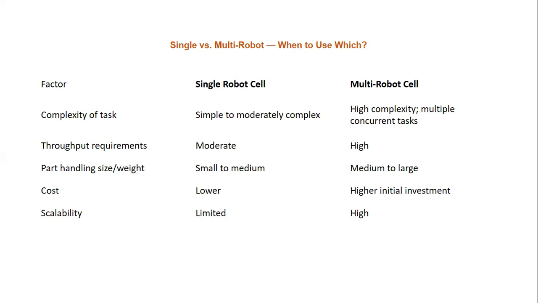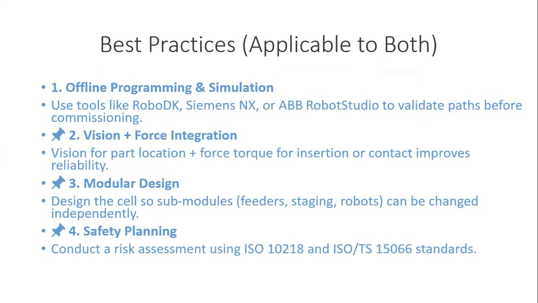Based on these factors, we have to select which type of work cell layout is considered to be most affordable. And these are some of the common best practices which are applicable to both types of work cell layouts as listed out here, among which safety is considered to be one of the most common things that has to be addressed on both single and multi-robot work cell optimization.